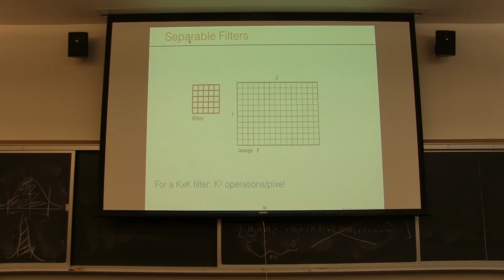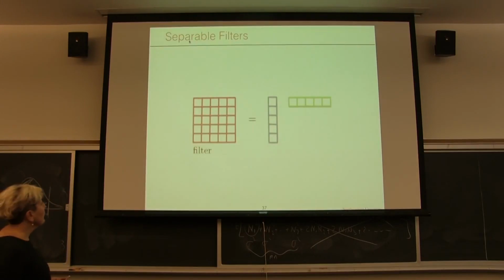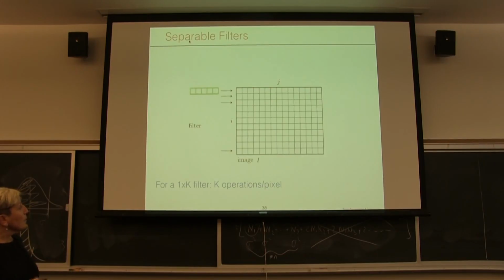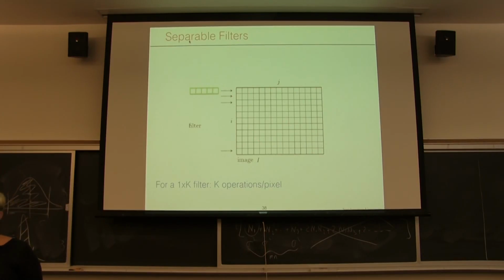Now let's say this is a separable filter, and so I claim that if I could do it with 2 filters, k by 1, I have fewer operations. So let's look at that. I'm dividing my filter into 2 filters, each of them k by 1. Now I take my image and I apply one of the filters first. It doesn't really matter which one, because it's a linear operation, so they're commutative. I can change the order, but let's say I apply the row first.